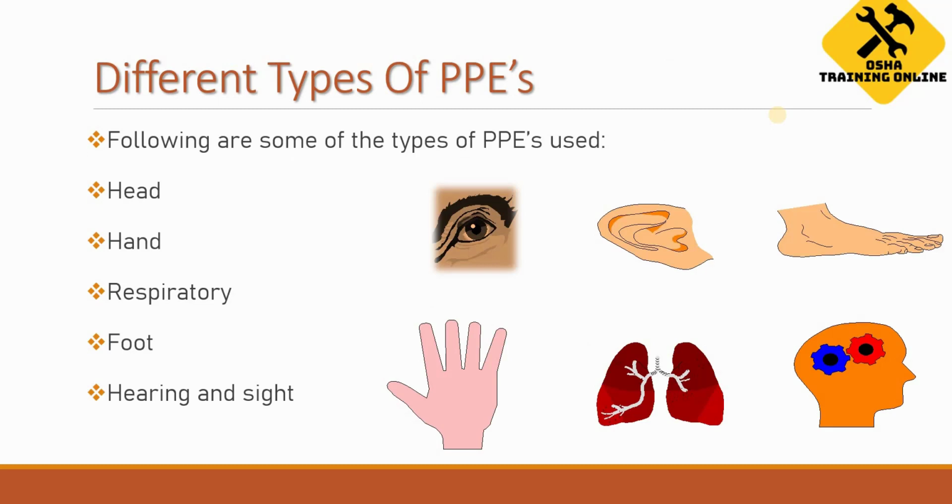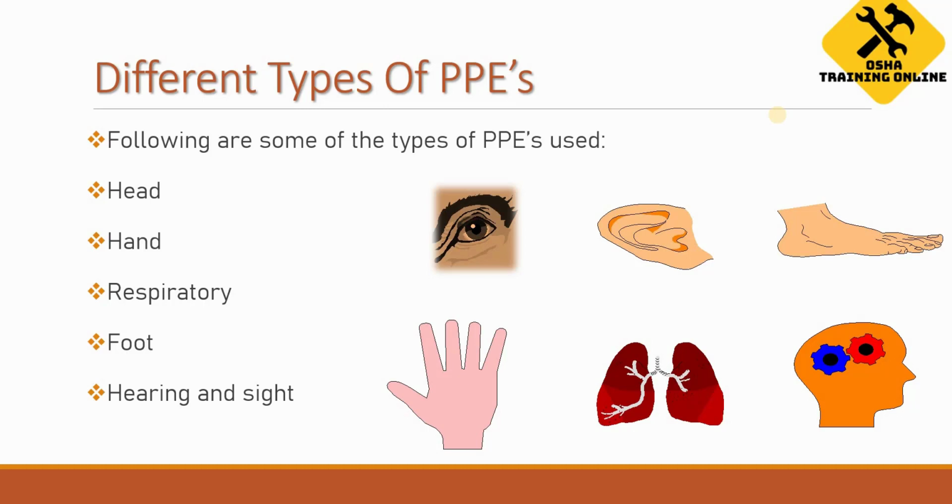Now there are different kinds of PPEs used on the site in different construction, chemical, or other kinds of companies. For each part of the body, different PPEs are used. There is a type of PPE used for the head in order to protect your head. There is another kind of PPE used for hands in order to protect your hands from certain kinds of hazards and injuries.